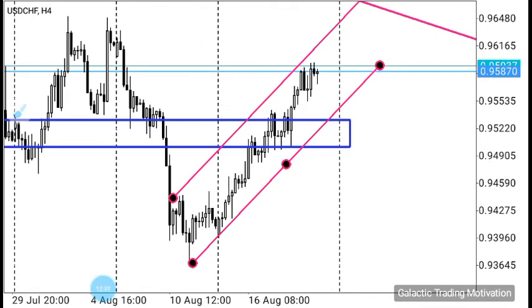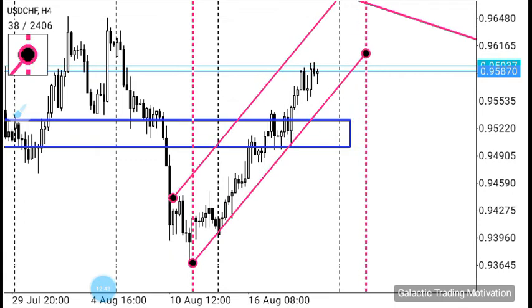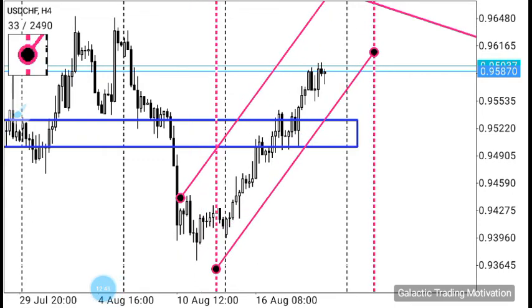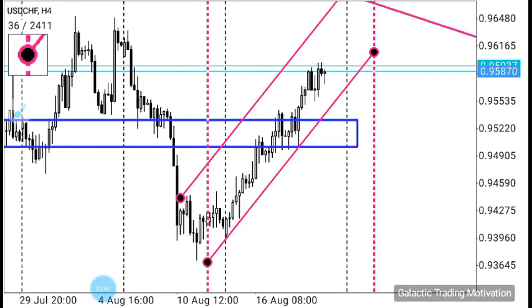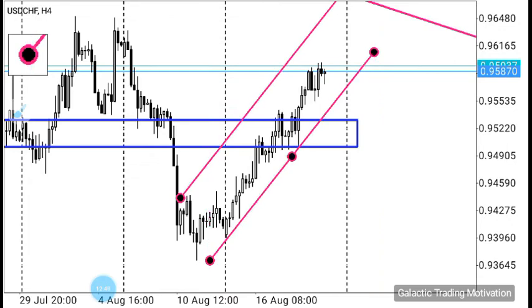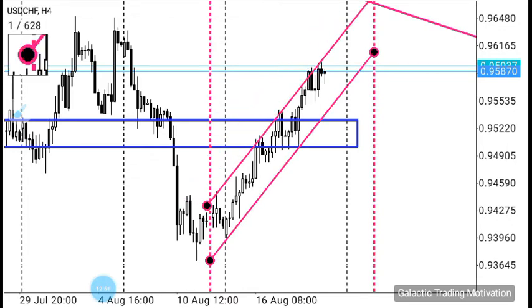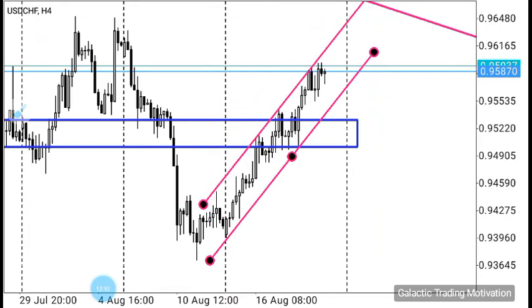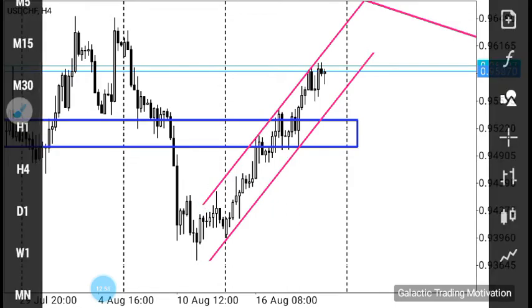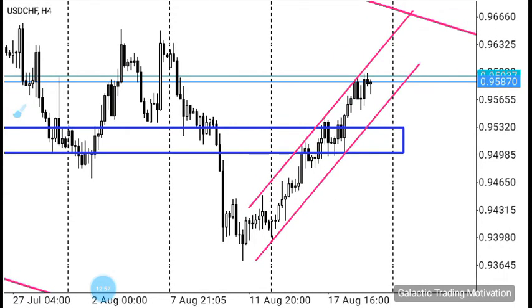Is that accurate? No. There we go. Here we go. There goes our H4 channel, more or less, right? Yeah. So what else do we see on this chart? Is there anything else that we should be paying attention to?